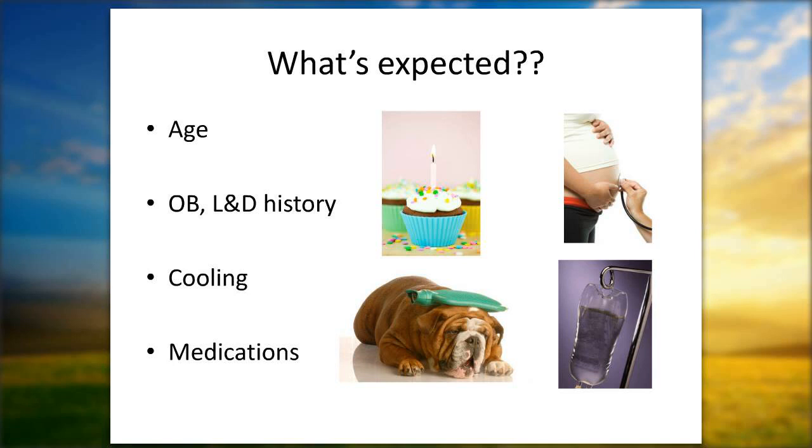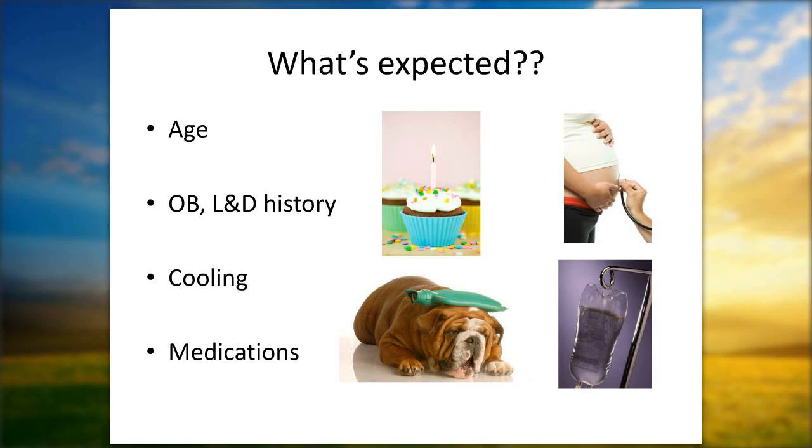Usually we're thinking about things they've received sometime in the last hour. But when we look at injured brains, because of the body's ability to clear those medications, it can be even up to 24 hours ago that they received medications. So it's important to always look back at what's been ordered, what's been given, and use that in the context of what you're seeing on the monitor.